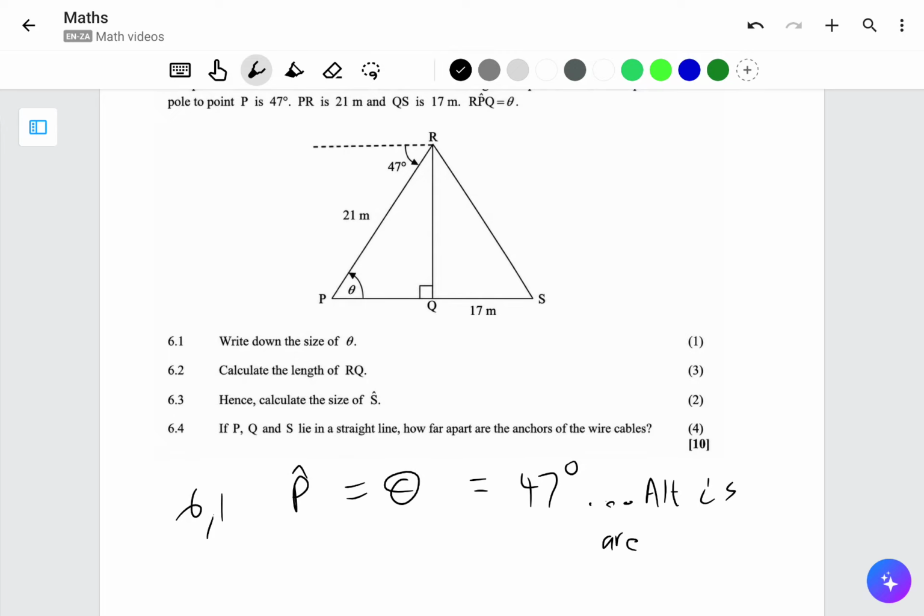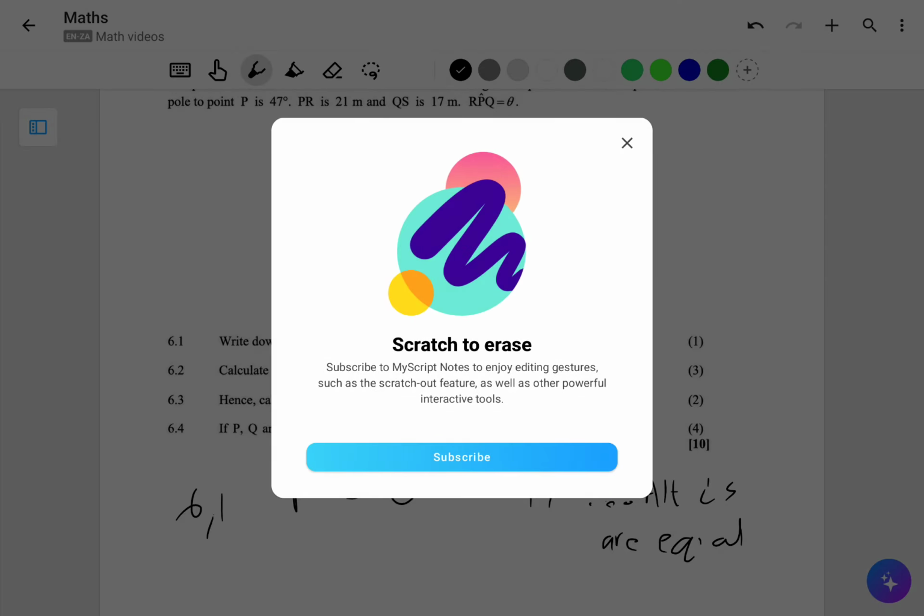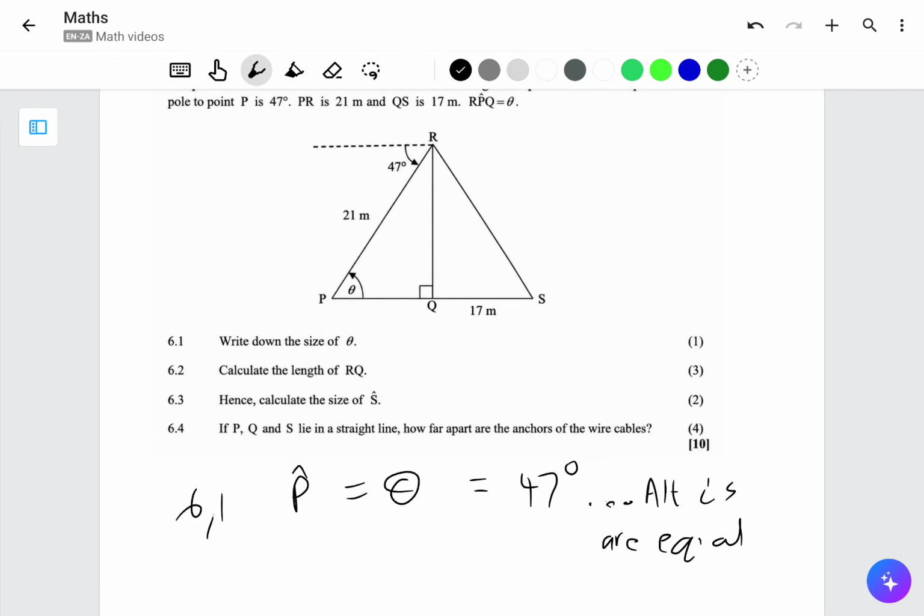I know that alternate angles are equal, because we can see there that this is alternate. Can you see there? It's making a Z, or you can say, if you turn it around, it's making an N. So we now know that theta equals 47 degrees.